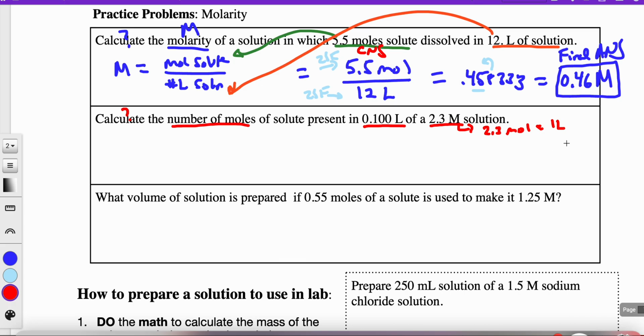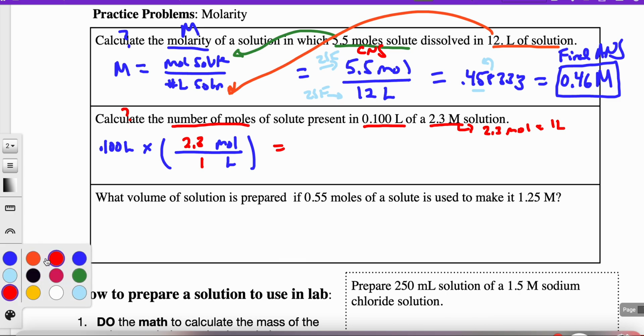To set it up so we don't mess up units or the type of math, we just do dimensional analysis. So we have 0.100 liters times 2.3 moles per 1 liter, because we want to get to moles and come away from liters.